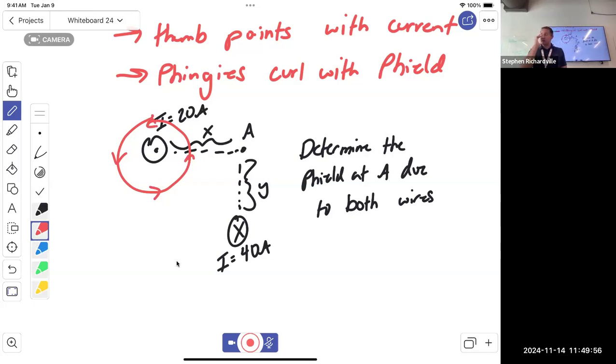So this gets a little bit tricky. I've got a wire coming towards me. I'm just talking about the 20. The point in question is out to the right, and the direction of the field is up. I'm going to deal with the 40 in a minute. But the field's up. Why?